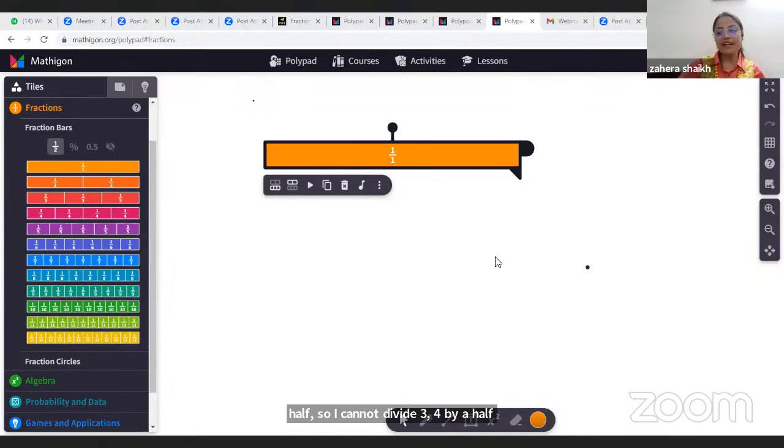Like we cannot divide 3 by number 4. Similarly, we cannot divide it by half. So I have to find out what is the half of 3/4 fraction, right? But I cannot divide a smaller number from a bigger number. So if I do that, we get more than a half fraction.